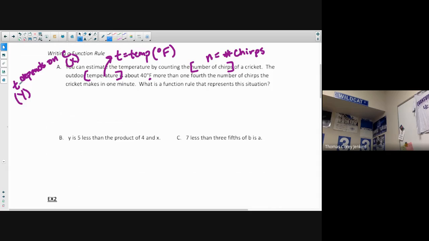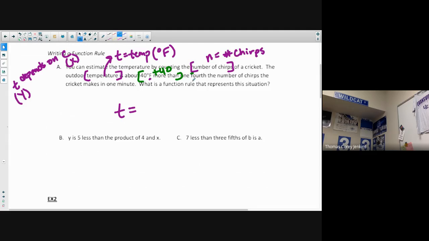A linear equation normally says Y equals, so our equation is going to say T is equal to, just like it would say Y is equal to. Then we look back at the first sentence, and here's where our expression writing comes in. T equals 40 more than, so that'd be a constant, plus 40.